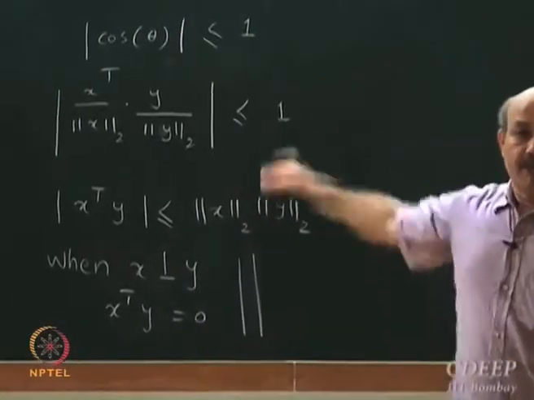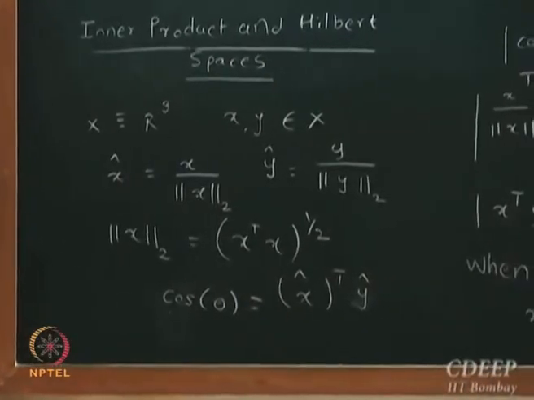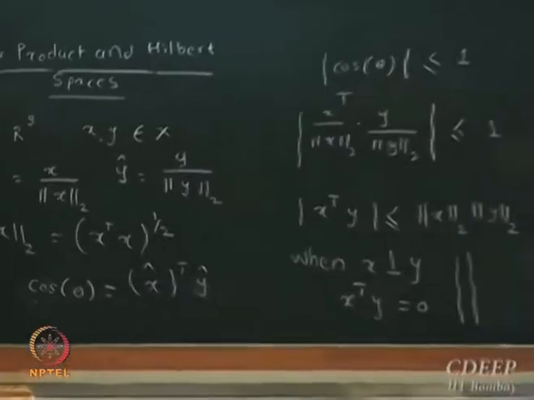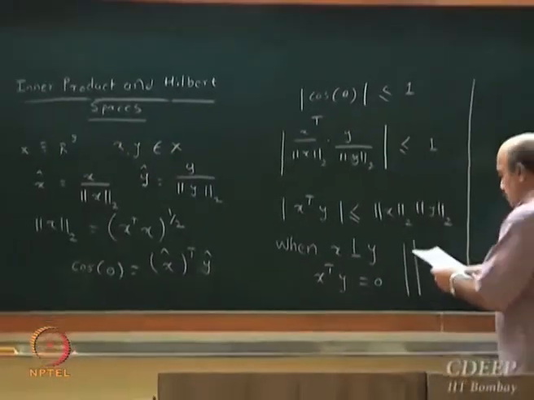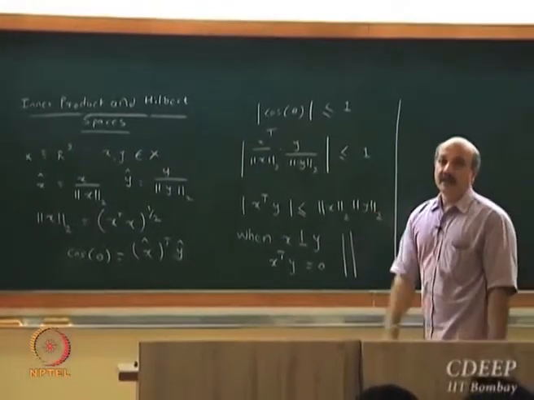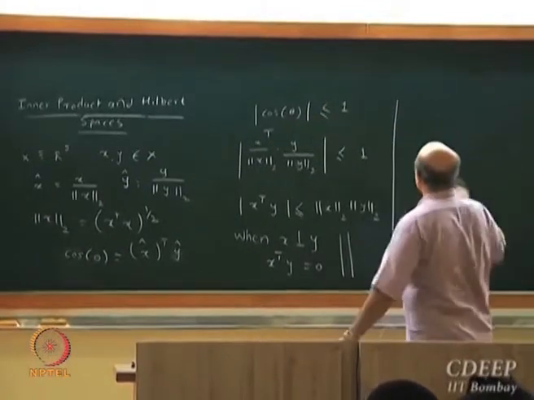Okay, so I want to now come up with a generalization of these results in a vector space. That is my aim. So I am going to define a new entity called inner product.